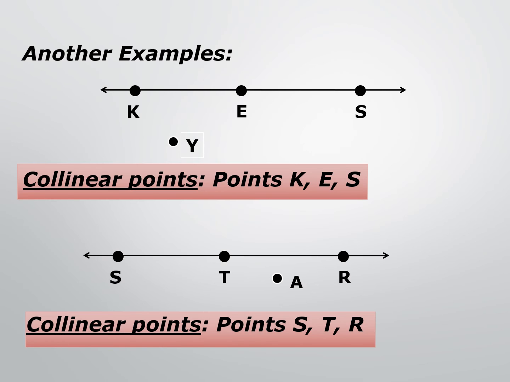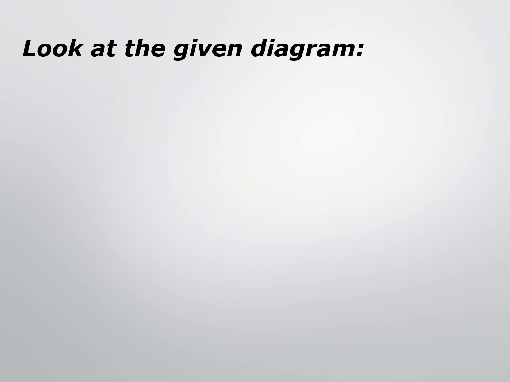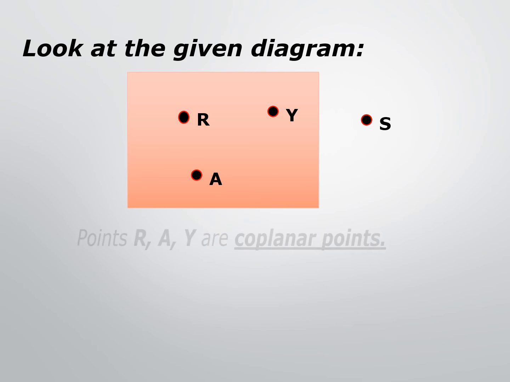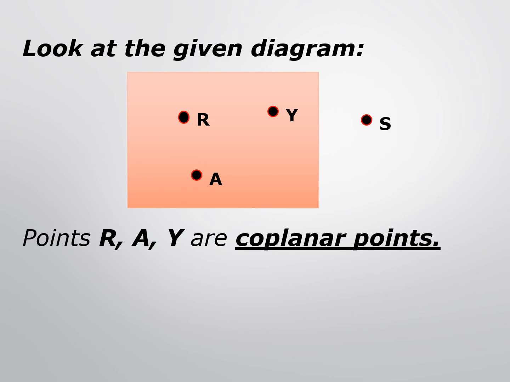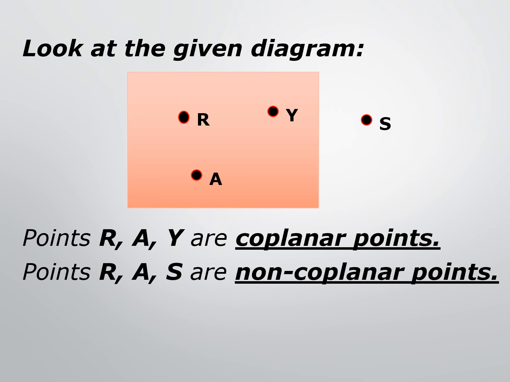Okay, so let's proceed to the next one. Look at the given diagram. Inside the plane, there are 3 points, and there is 1 point outside the plane. Points R, A, and Y are coplanar points, while points R, A, S are non-coplanar points.